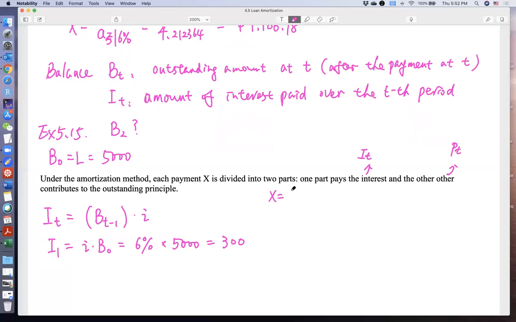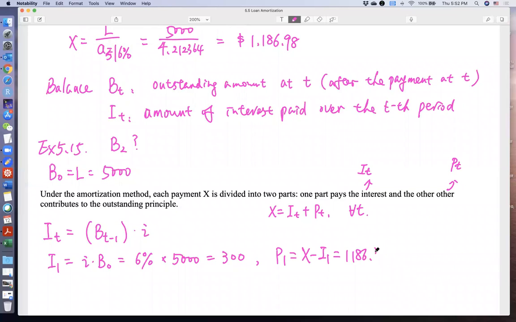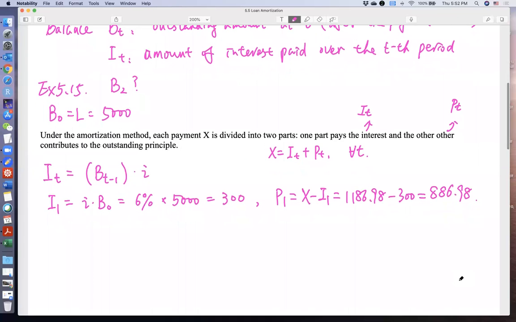Because the payments are always equal, X is the same no matter what time. So P1 would be X minus I1. Our X is 1,186.98 minus 300, which gives you 886.98.